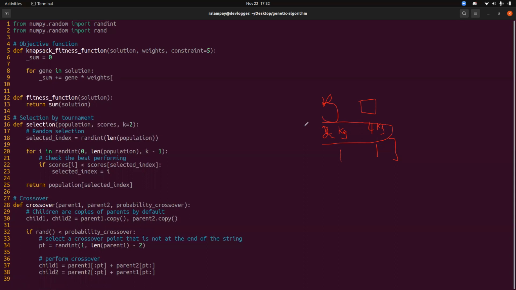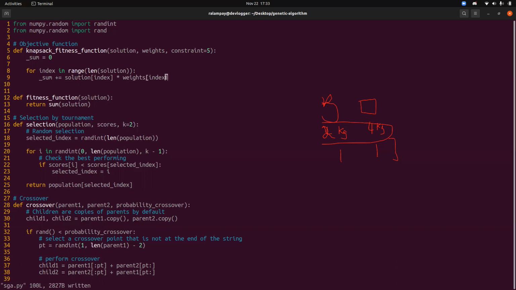So let's just use an index na lang. For index in range of the length of the solution. Yan. So we want an index for each, so we know where we're looping. The solution at index i multiplied by the weights at that index will give us the sum.